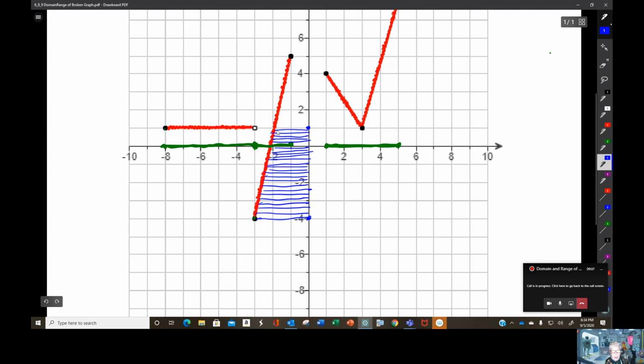Now both of these graphs start feeding in like this. I should have used shading. Didn't think of it.